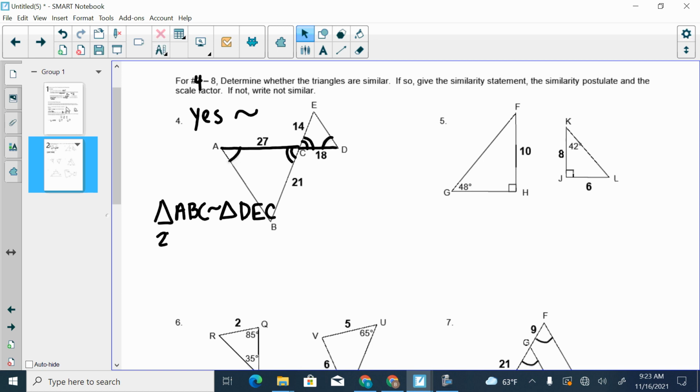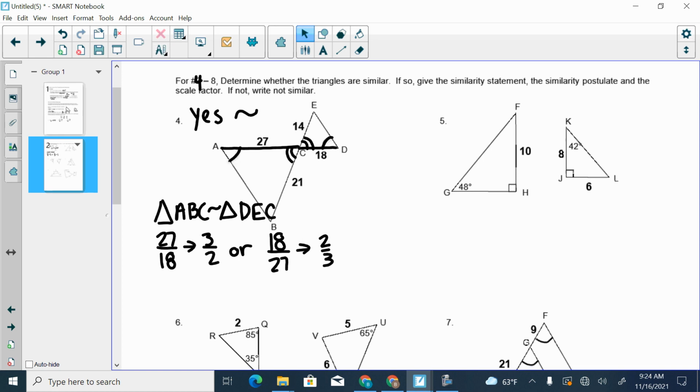So I could have 27 over 18, which would simplify to 3 over 2, or I could also flip that over and put 18 over 27, which would simplify to 2 over 3. Either one would work for our similarity ratio there, or scale factor.